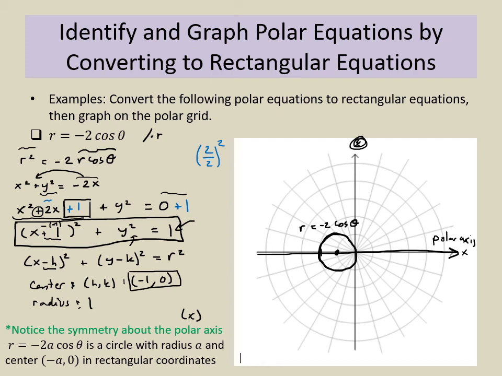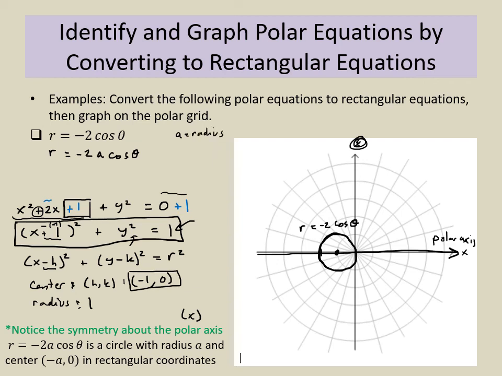Okay, and let me erase some of this. The general equation of these circles in polar coordinates is r equals negative 2a cosine of theta. So in this case, a is the radius.